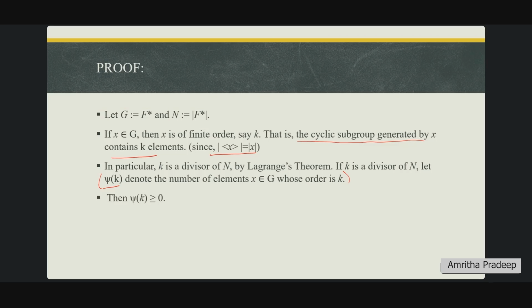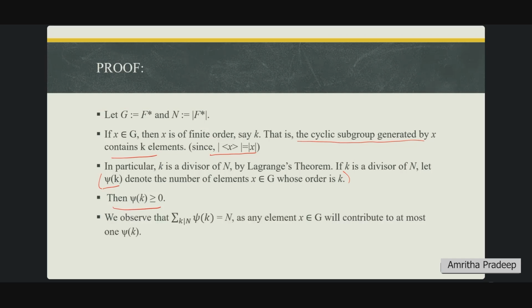So can we say that psi of k will be greater than or equal to 0? To be specific, strictly greater than 0? Okay, greater than or equal to 0 to be general. Yes, because every element will have an order, and for a field this easily holds true.